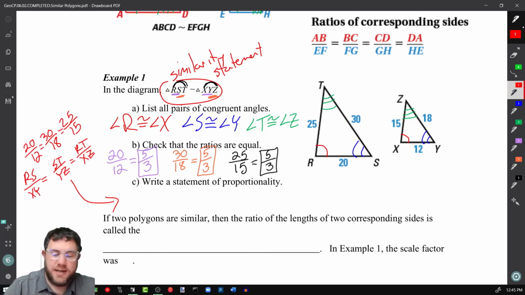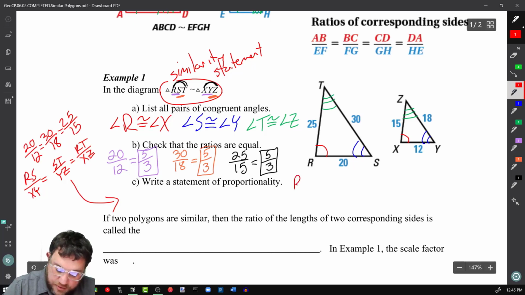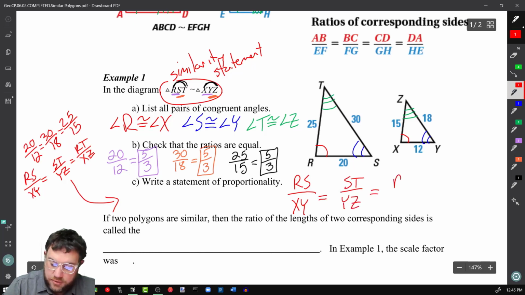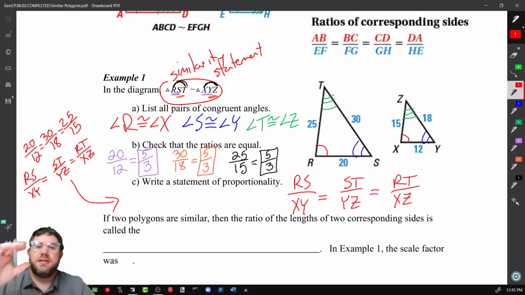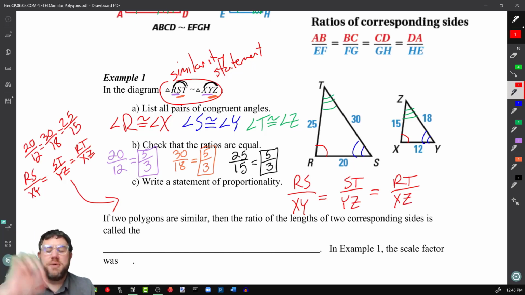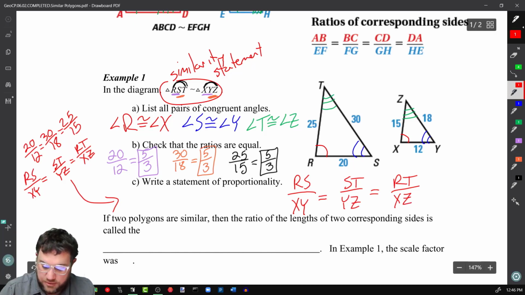RS over XY equals ST over YZ equals RT over XZ. And it doesn't matter which order you put them in, as long as the sides that are corresponding are in the same fraction.